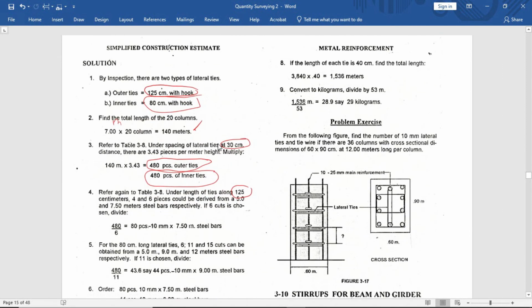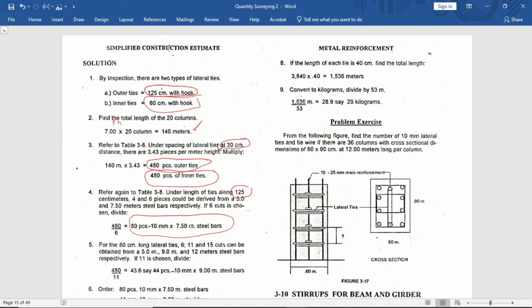So, if 6 cuts is chosen, 480 divided by 6 is 80 pieces of 10 mm by 7.5 steel bars. Yan yung para sa 125 centimeters.